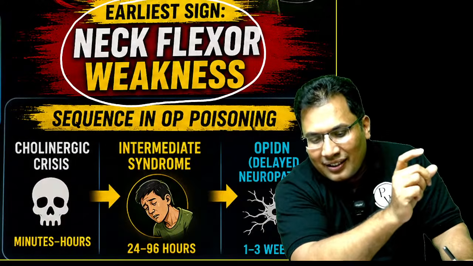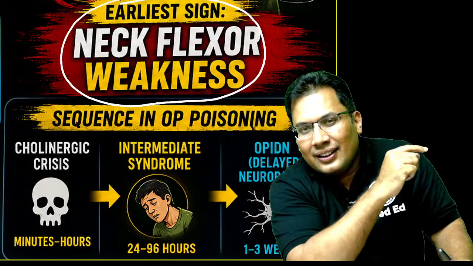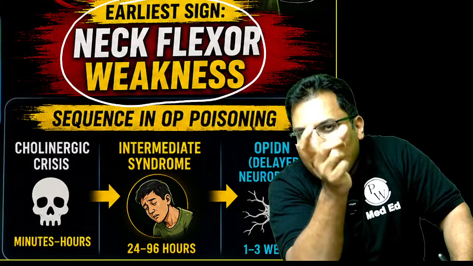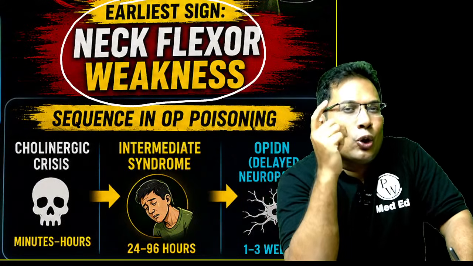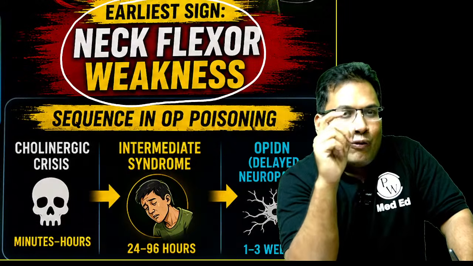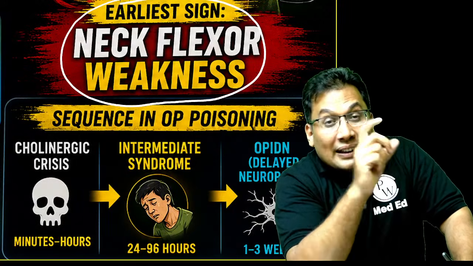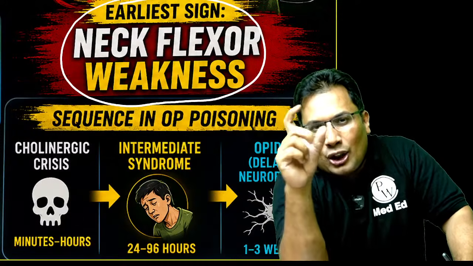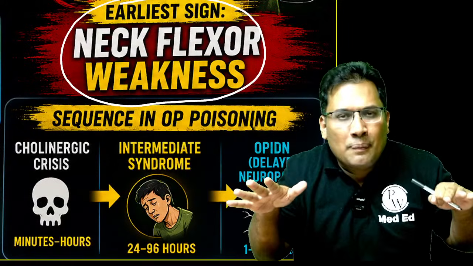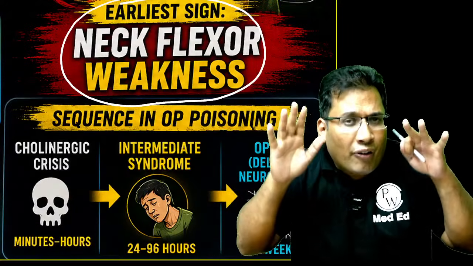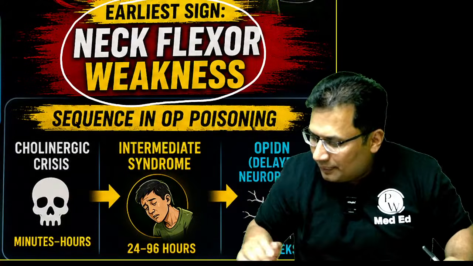If it occurs after 1 to 3 weeks, then it is delayed neuropathy. We call it OPIDN, organophosphorus induced delayed neuropathy. So try to memorize. This is a very important clinical sequence in case of organophosphorus poisoning.